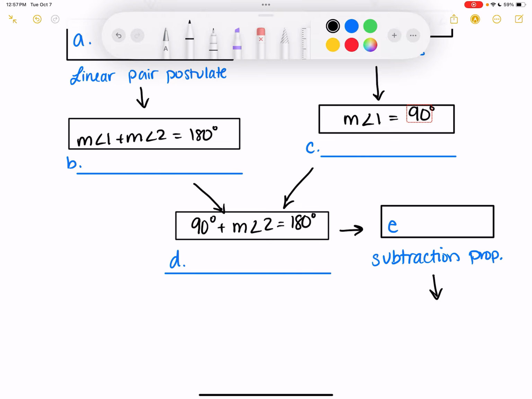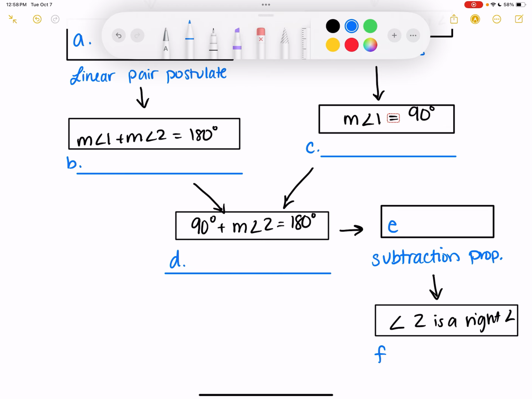And then the last thing, which is what we're trying to prove, is that angle 2 is a right angle. And we're finding the reason for this one. All right, I'm going to let you get all that, and then we'll go back and fill it in.